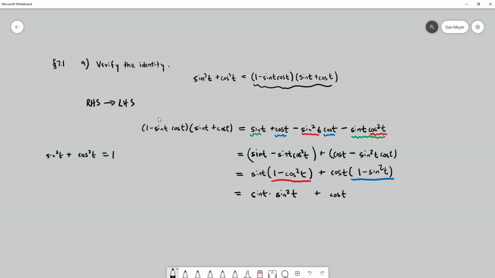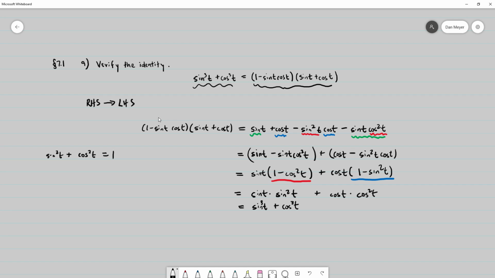And the 1 minus sine squared t is cosine squared t. And we get what we need, sine cubed t plus cosine cubed t, which is where we want it to end. All right, so our right-hand side to left-hand side argument worked.